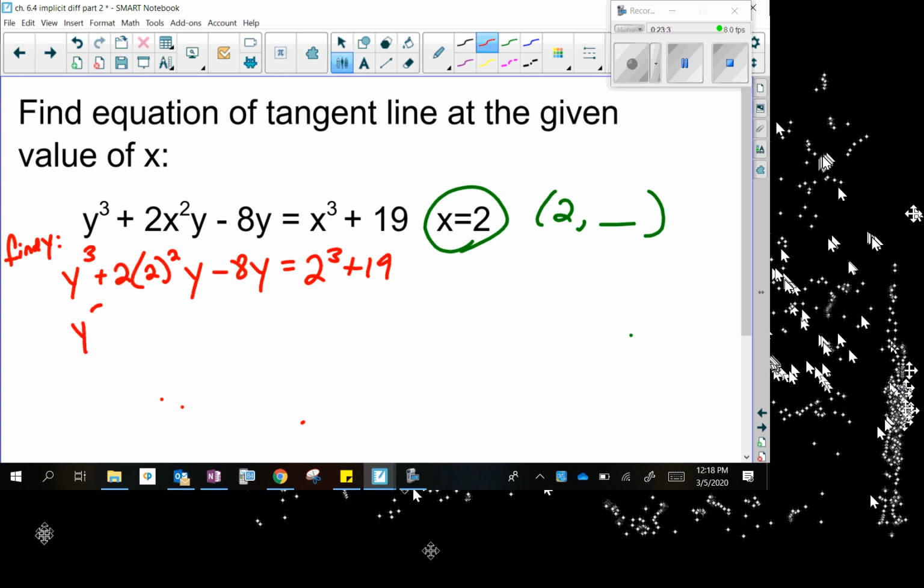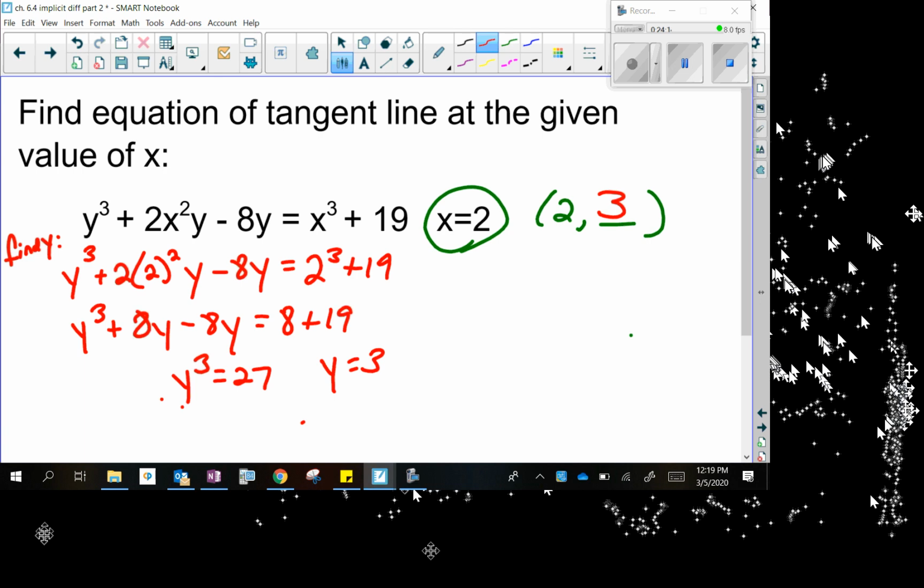So we get y to the third plus 8y minus 8y equals 27. Everybody see it? So the 8y's cancel out. We get y to the third equals 27. And then the cube root of 27 is 3. That just gives us our x and y value.